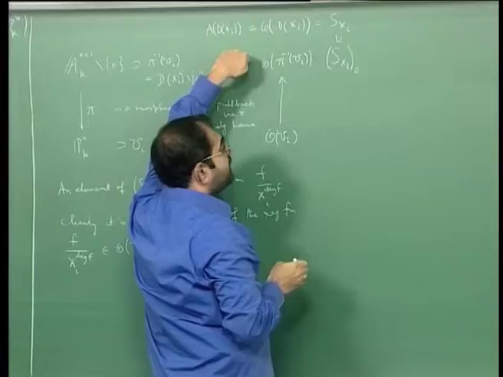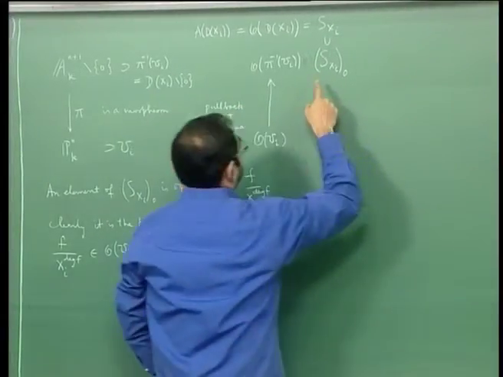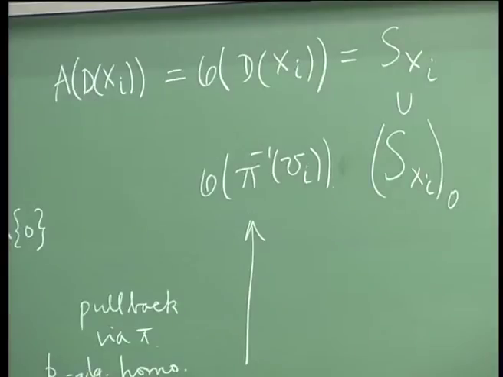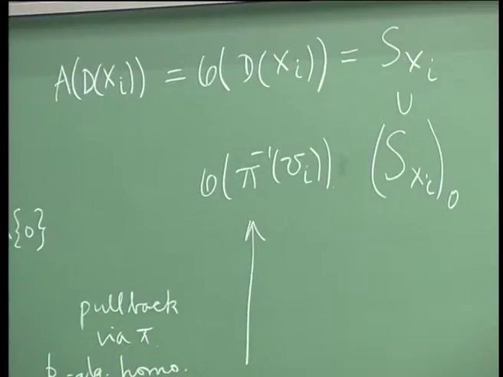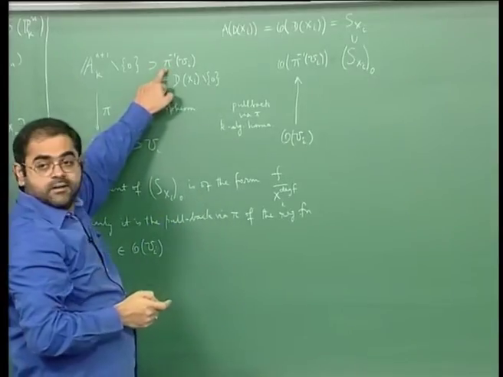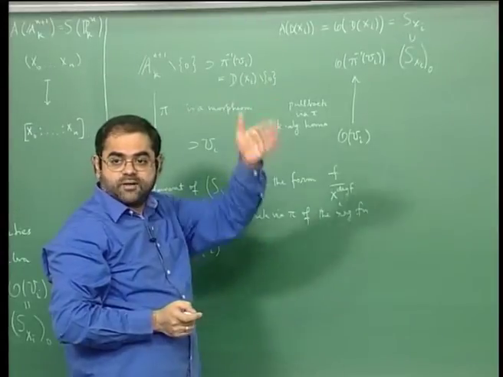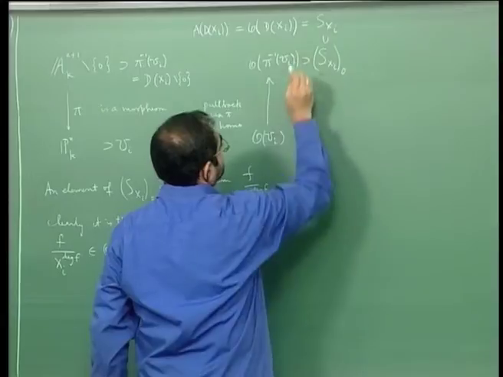It is very clear that if I take an element of this form, it is certainly going to be a regular function on pi inverse ui. It is going to in fact be constant on lines. So it is very clear that this is going to sit inside this.